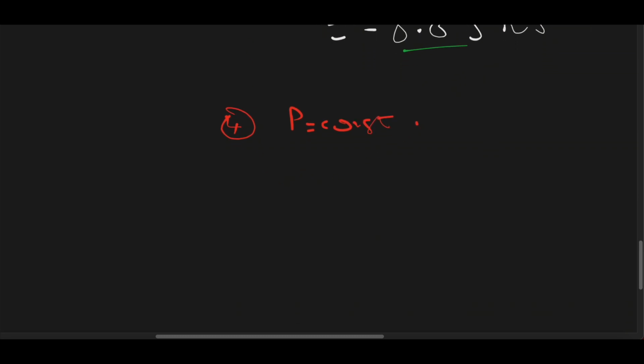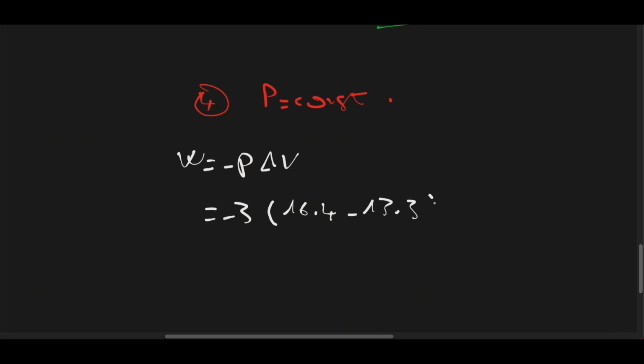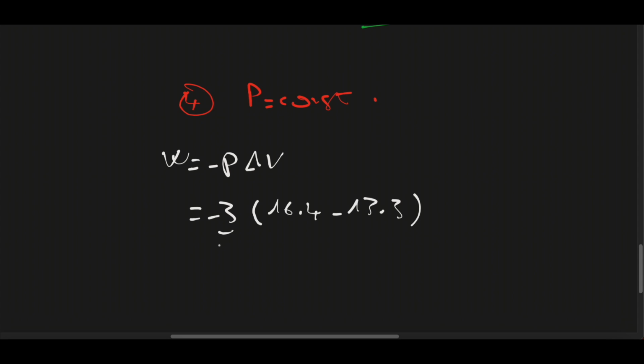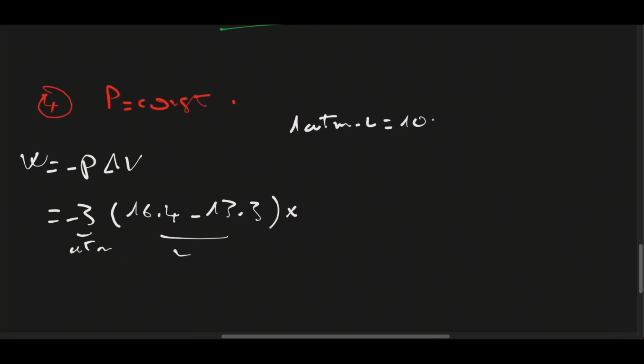Here the expression of the work is equal to minus P delta V, which is equal to minus 3 atm times delta V, which is 16.4 minus 13.3. However, here it is in atm and here it is in liters. We have to convert to kilojoules, because we know that 1 atm liter is equal to 101.325 joules.